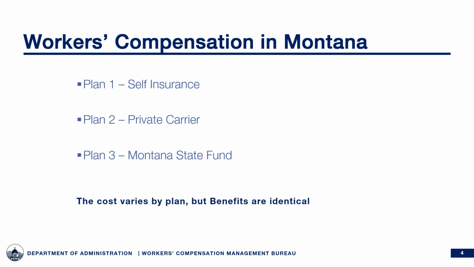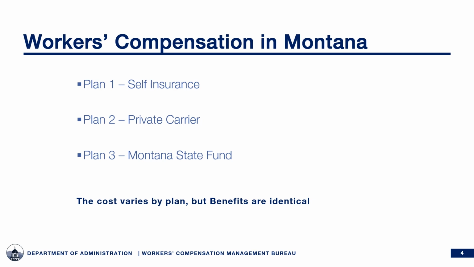Workers' compensation in Montana. The goal of Montana's Workers' Compensation Act is to provide medical care and income to injured workers and to protect employers from costly and unpredictable lawsuits from employees. There are 3 plans for workers' compensation insurance in Montana.